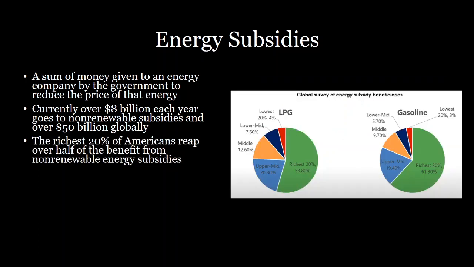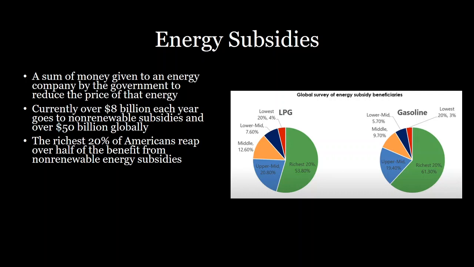So the real downside as well is that while energy subsidies are often thought of as a way of reducing the price to the consumer, so that, for example, you're paying less money at the gas pump, in reality, most of the energy subsidy money goes to the richest 20% of Americans.